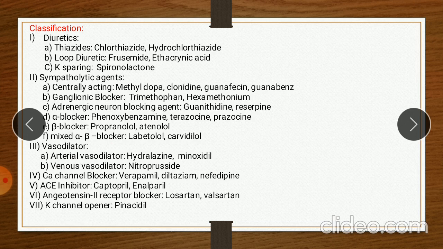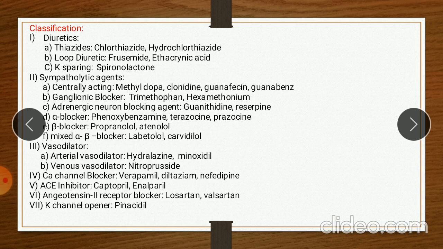The next is ACE inhibitors, angiotensin converting enzyme inhibitors, examples captopril and enalapril. The sixth is angiotensin II receptor blockers, examples losartan and valsartan. And the last one is potassium channel openers, example pinacidil. So that is the classification of antihypertensive drugs.